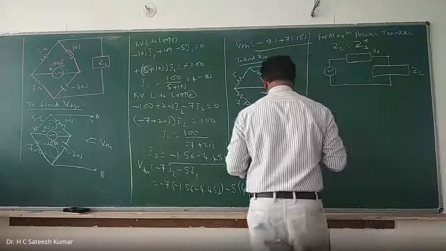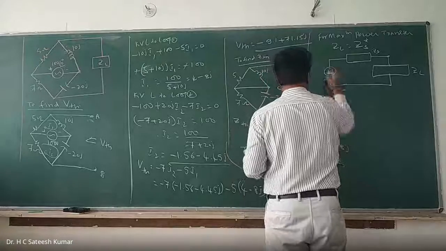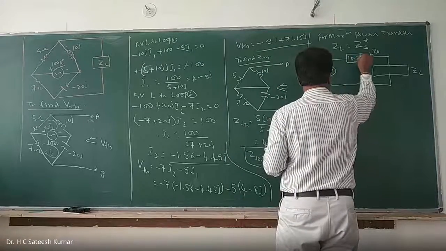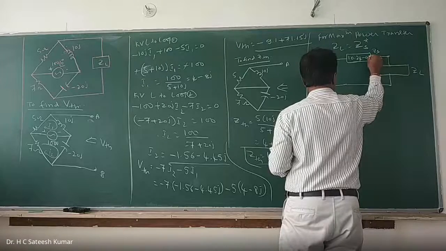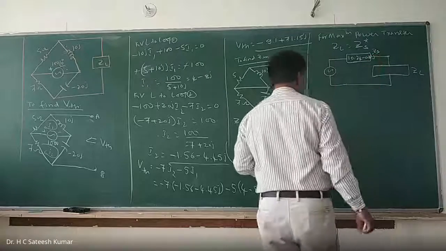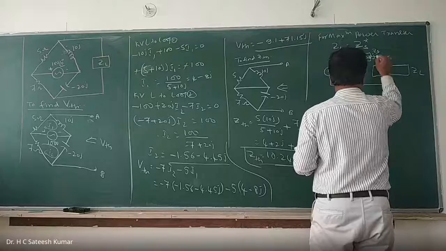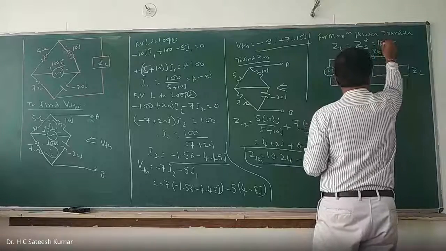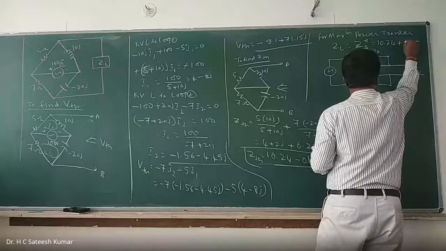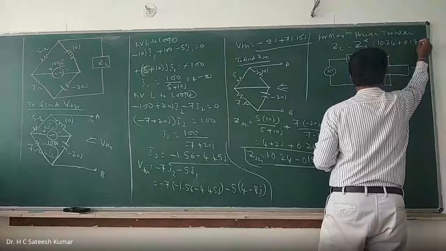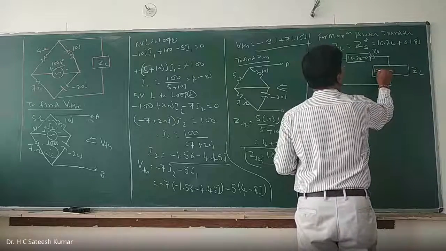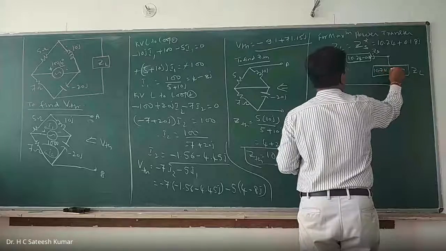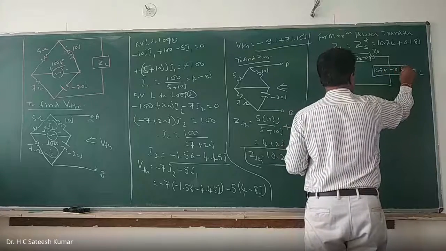ZS is what? 10.24 minus 0.18j. Complex conjugate is what? 10.24 plus 0.18j. If minus is there, plus is there. So 10.24 plus 0.18j.